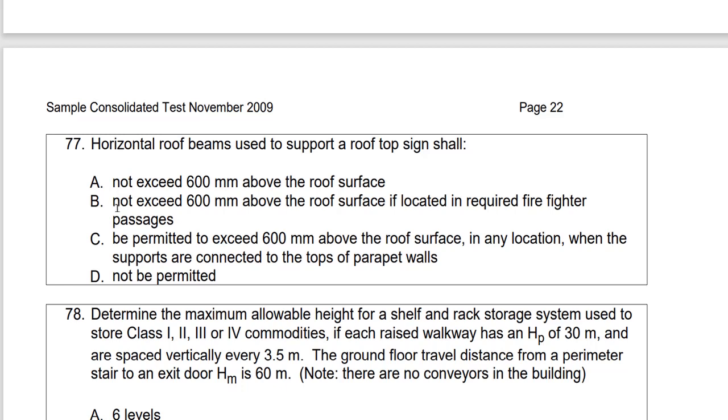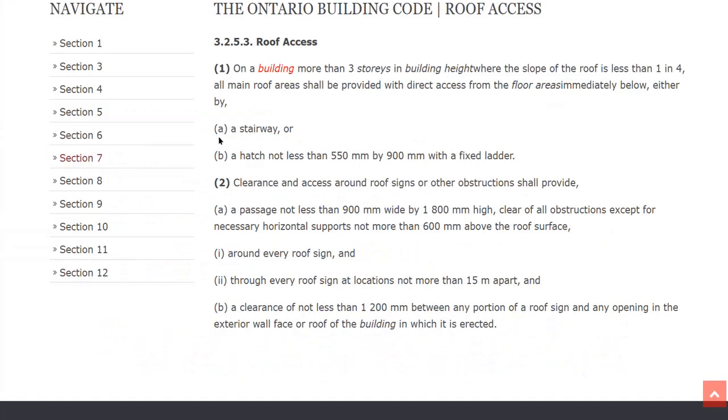B, not exceed the 600 millimeters above the roof surface if located in required firefighter passage. Remember, in your sentence here, it's telling you that it should be no more than this size for passage. And again, is roof access in case of a fire? So the answer to that question is B.